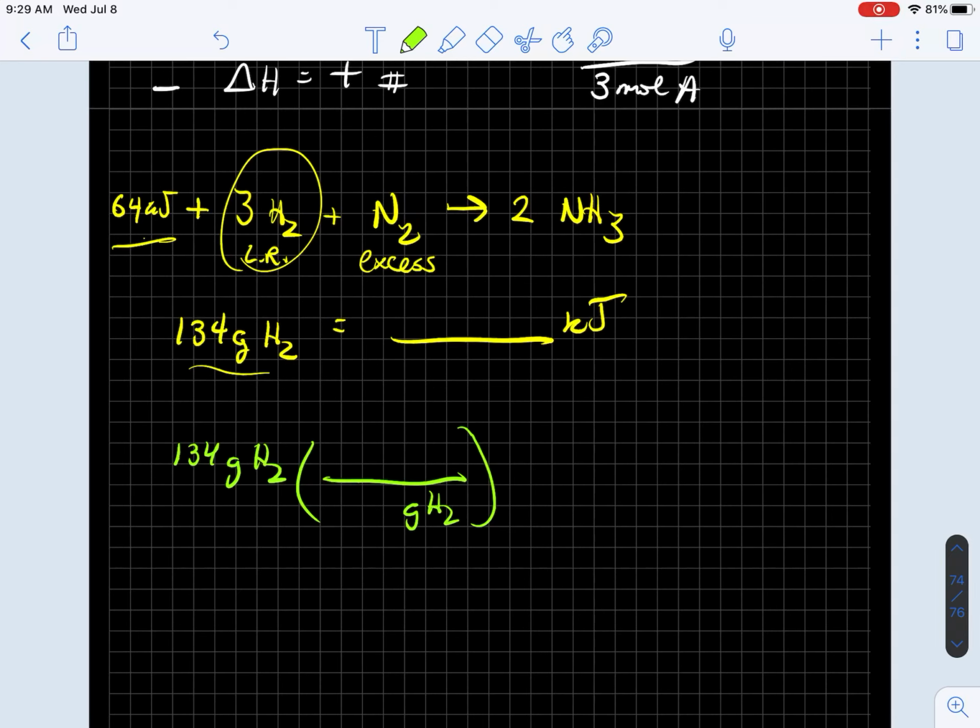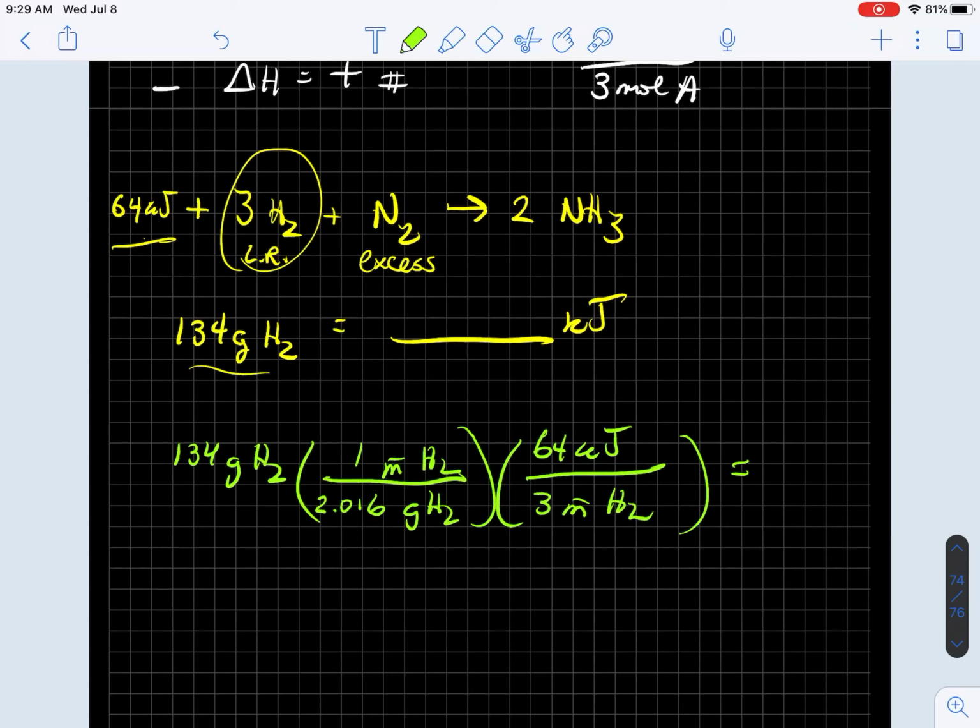134 grams of hydrogen. And we're going to convert that to moles so that we can use our balanced equation. And according to the balanced equation, for every 3 moles of hydrogen, we have to absorb 64 kilojoules of energy. So now just go back and look up the mass of hydrogen. 1 mole of hydrogen is 2.016 grams.